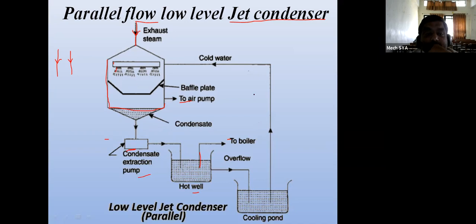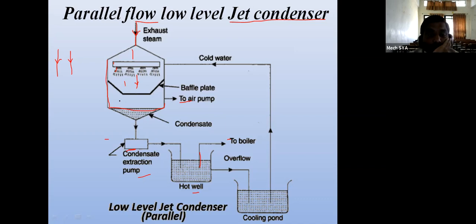Now this is called a parallel flow low level jet condenser. The height is also less, a condensate extraction pump is required, and steam is flowing in the downward direction and cold water is also flowing in the downward direction. That's why this type is called a parallel flow jet condenser.